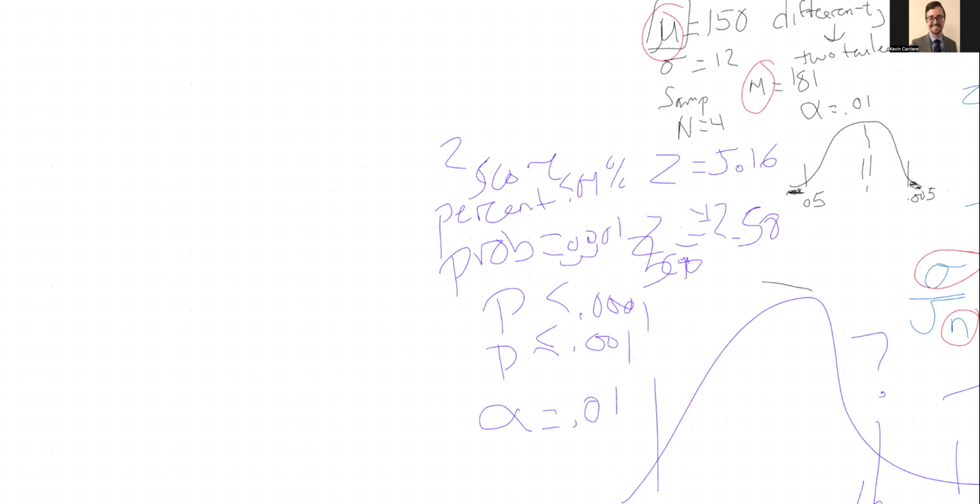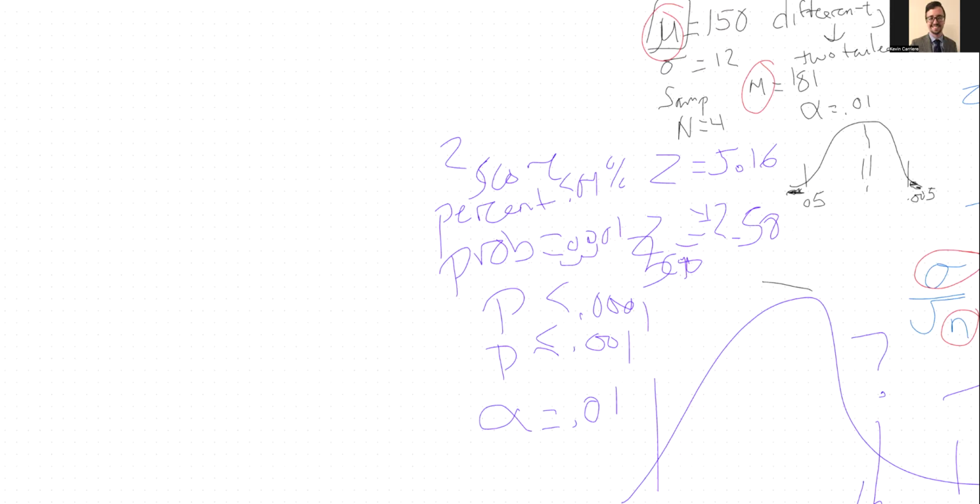as extreme. Good. And when we're thinking about our null hypothesis and our alternative hypothesis, there are two words missing.